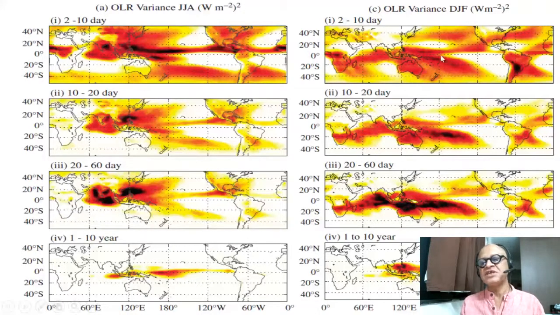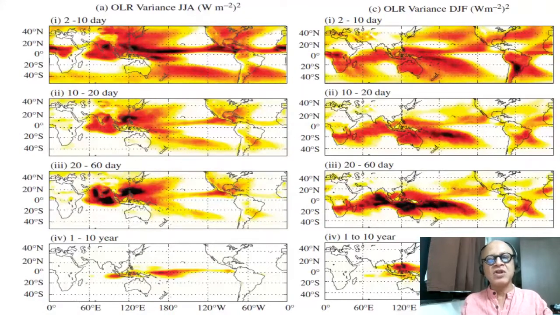In DJF, obviously the ITCZ has shifted further south. You can see it's further north here and stronger, weaker here, but the SPCZ is stronger here, more extensive than down here, especially in the 10 to 20 day and the 20 to 60 day band, and this is the MJO season, typically from October to April, as I said, that we will focus on.